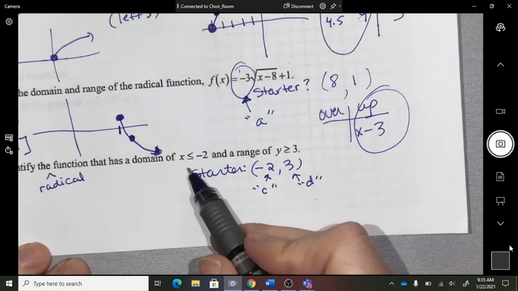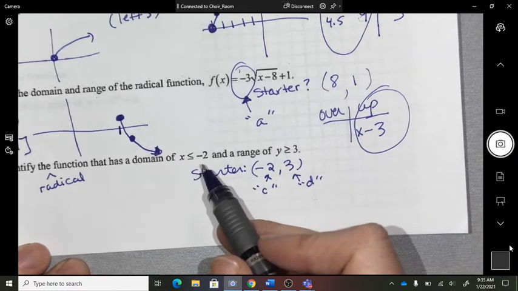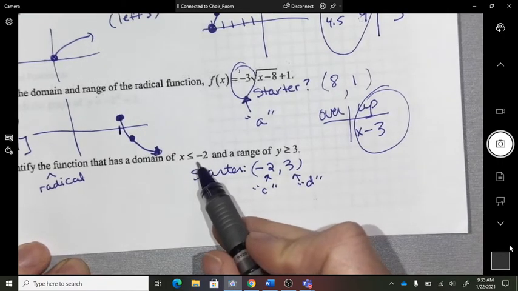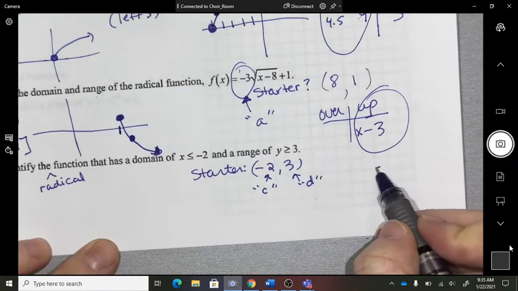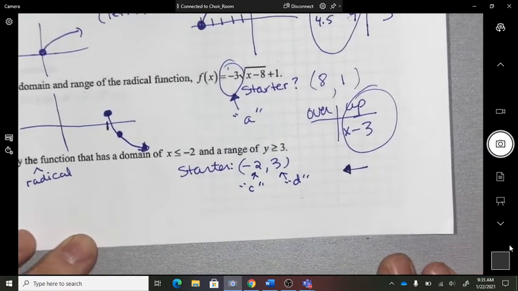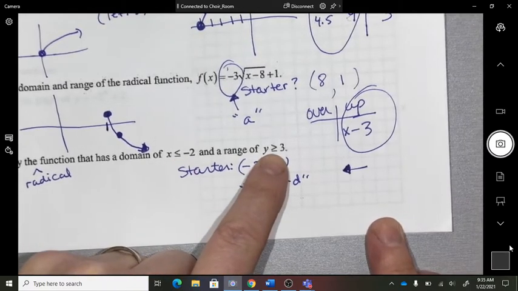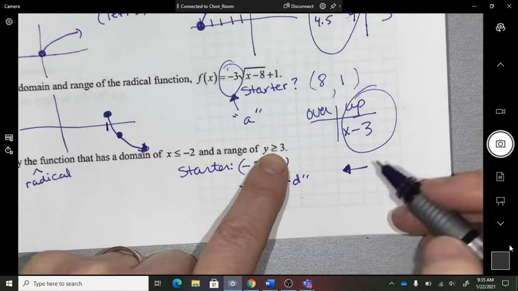So this says that X is going, and we're going left or right? I'm headed left, because you're less than. And this says you're greater than, so you're headed up.